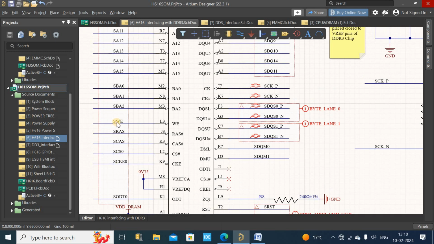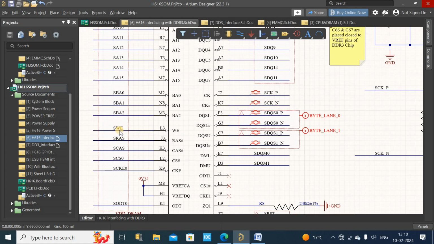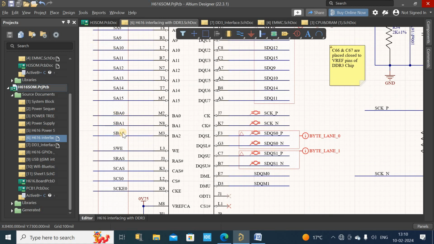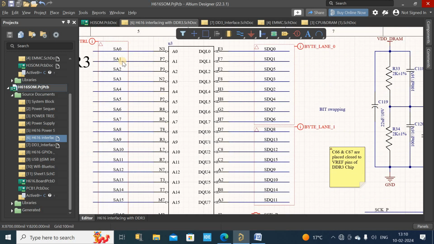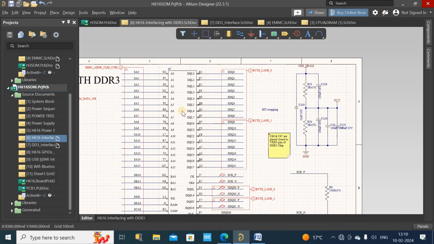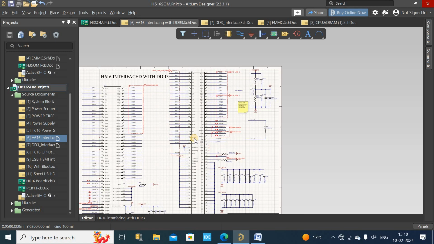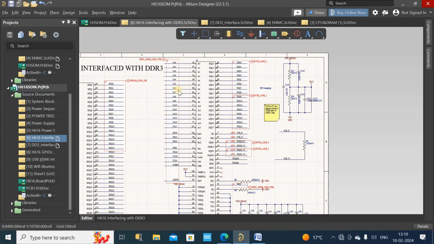Then we have write enable, and then these three signals, which are the bank selection address, and the address signals, 16 bits. These address, command and control signals need to be perfectly length matched.